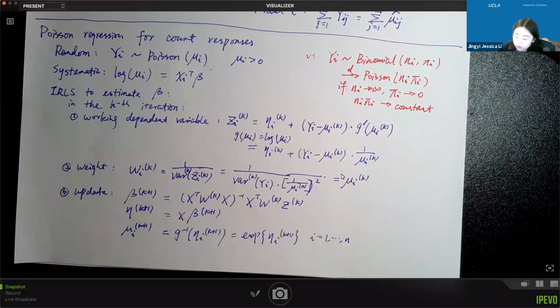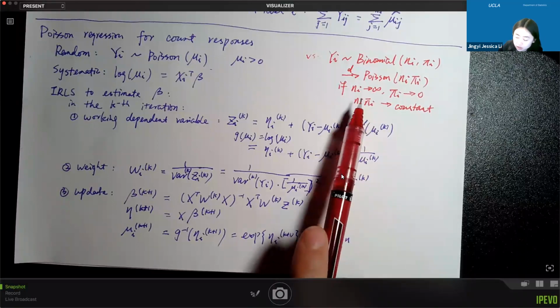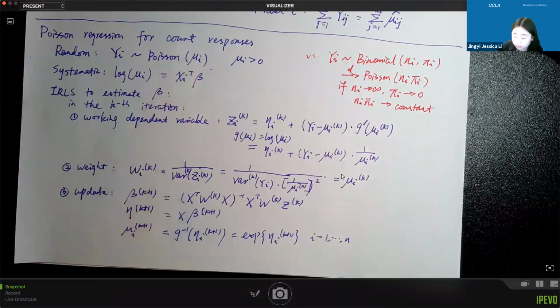It's converging to a constant, which is just the mu i in Poisson. So in other words, we need a decreasing probability of getting 1, that's pi i, to counteract the increase in the number of people, ni, so that ni times pi i, the expected number of people who vote yes, converges to a constant.